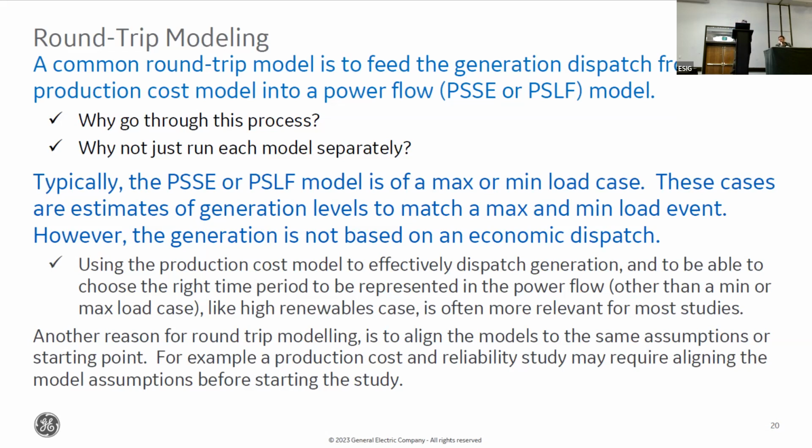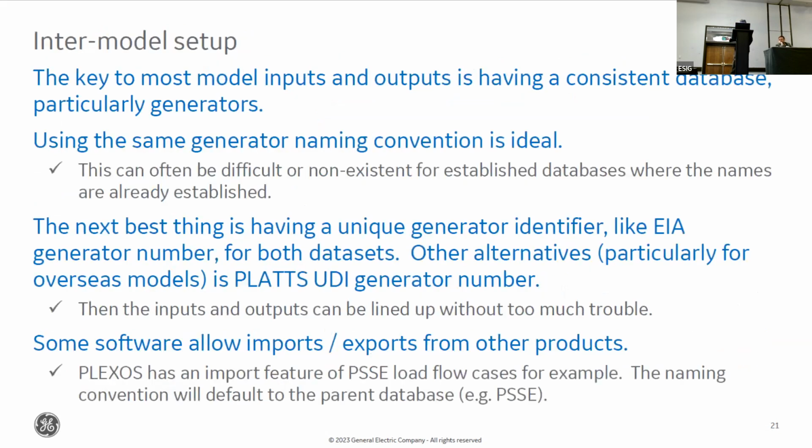I've worked on a couple of projects where we started for an external client overseas, and they actually gave us a power flow, so we actually started the modeling from scratch, straight from the power flow.